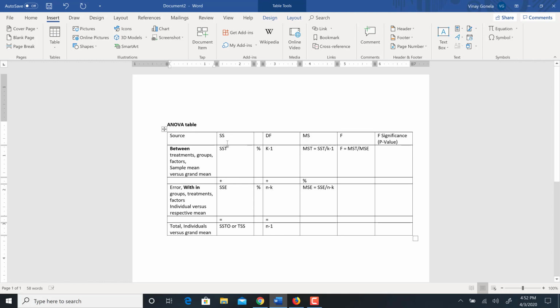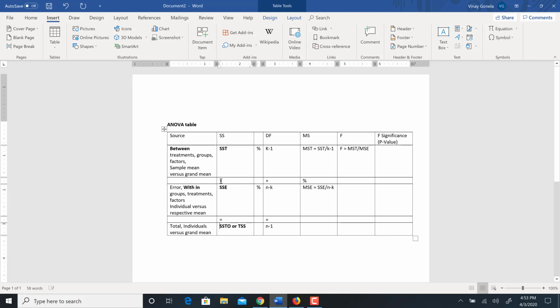And the second column is sum of squares. This is the sum of the squares of treatment, and this is the sum of the squares of error, and then we have the sum of the squares of total, or total sum of squares.